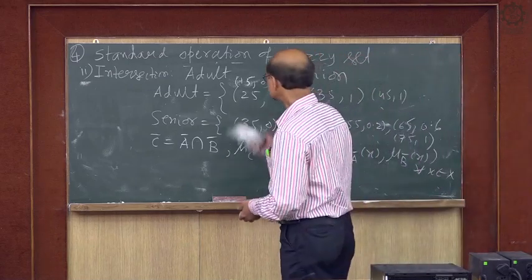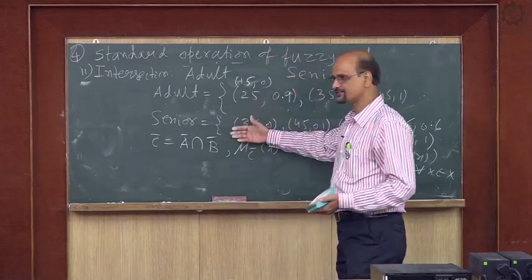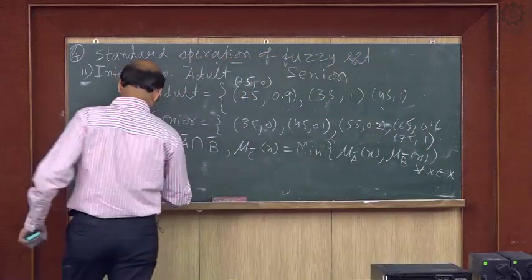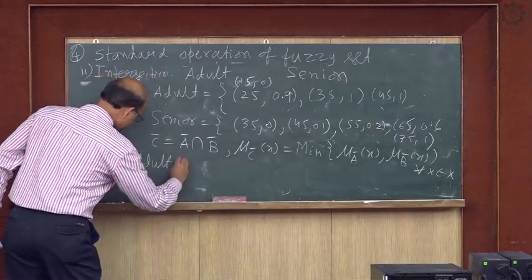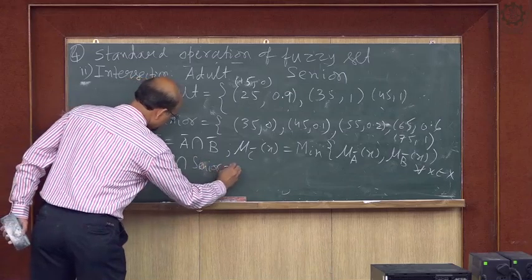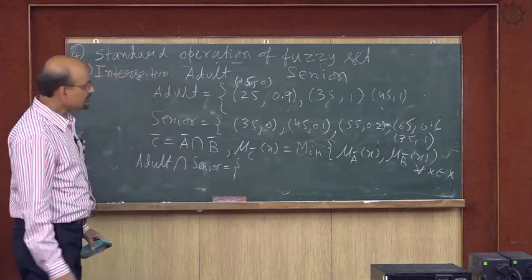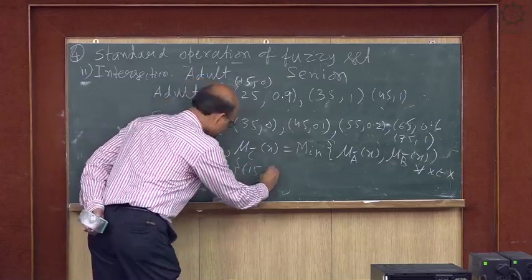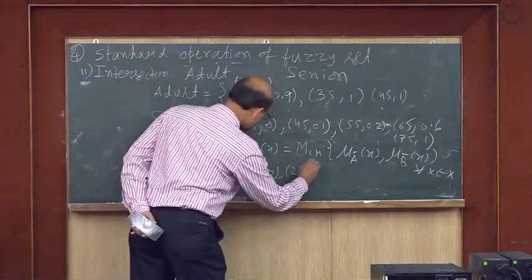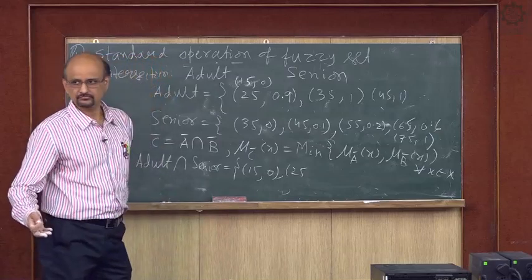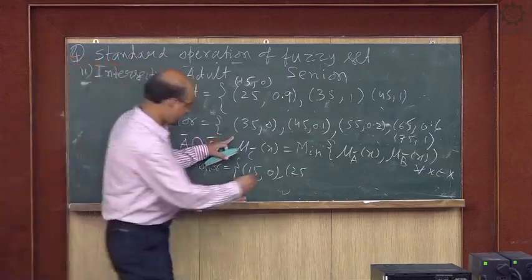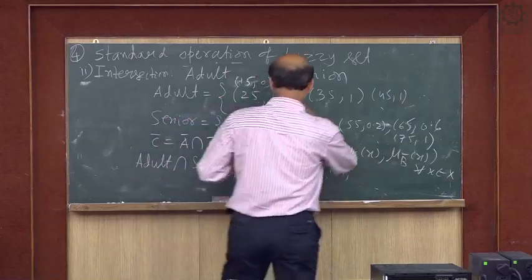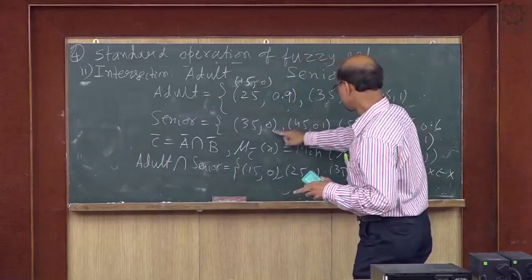Okay. Now, find for these two fuzzy sets what is intersection, adult and senior. Okay. So, adult intersection senior. So, it will be 15 0, 25 0, because here 25 is not there, 25 0, 35, see 35 is there, both 35 0, 35 1.